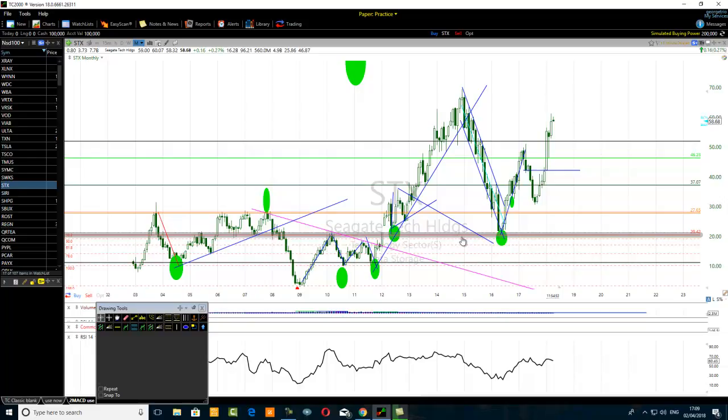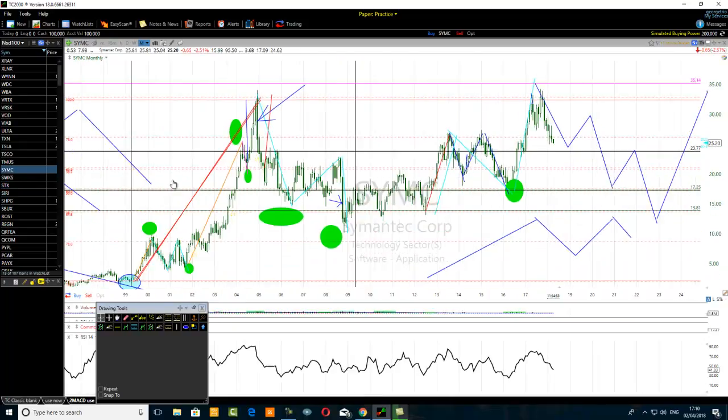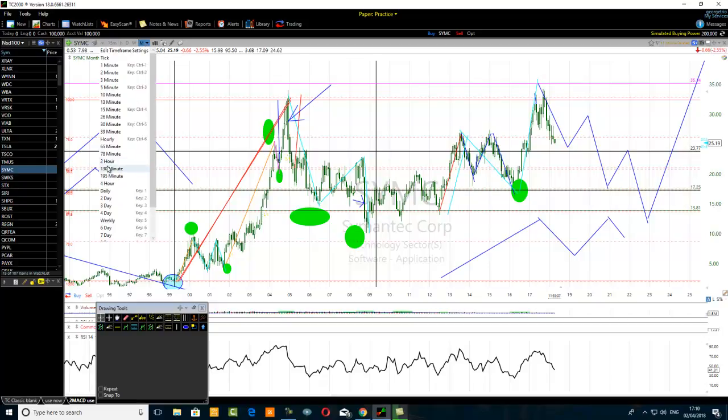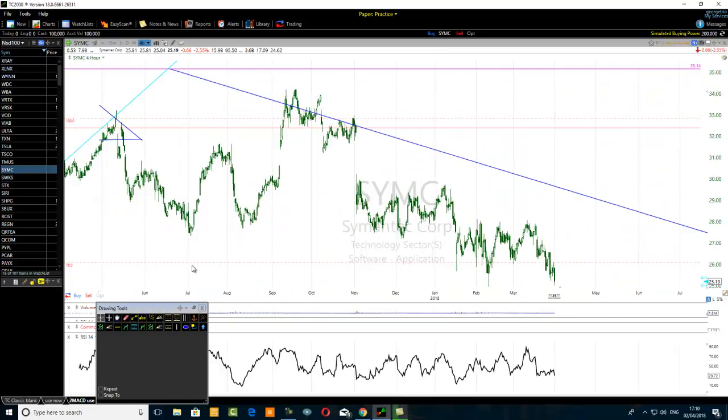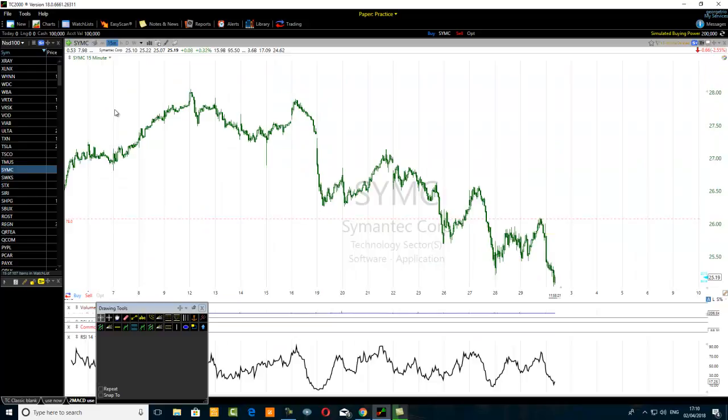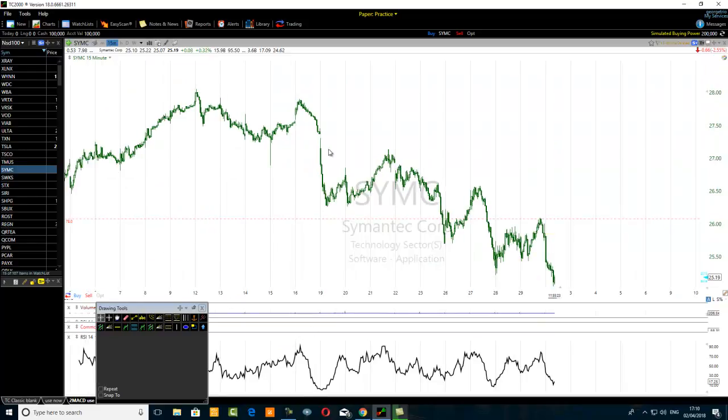Not only that, going back again to Symantec itself, that pattern that is formed on a monthly chart can also copy itself, for instance, on a 4-hour time frame. So that pattern is a blueprint, a reference pattern, a broader view pattern that can also happen again on the lower time frame, where we will see that the price may go up, maybe on a 15-minute time frame, and form a similar pattern, up and then correction.